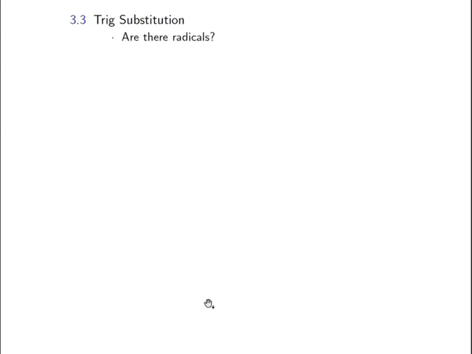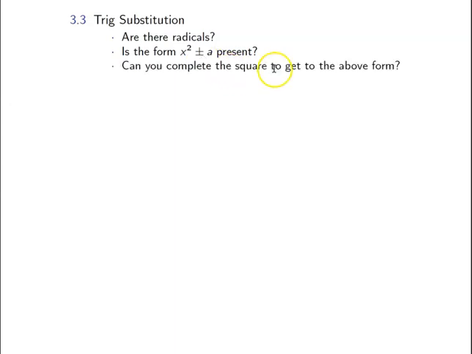Trig substitution. Are there any radicals present? If there are radicals, do I see things that look like x squared plus or minus a constant term? So if you go back to that section, you'll notice that it was x squared plus or minus a squared. Here I'm just changing it because what we're looking for is x squared plus some number or x squared minus some number, right? And then the process is that number that we take, we then take the square root of and do all of our stuff, right?